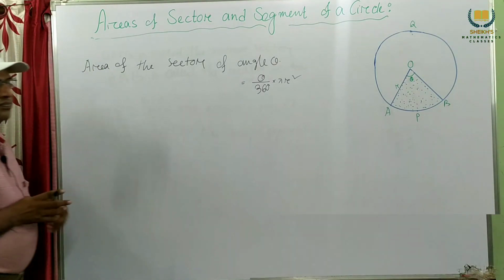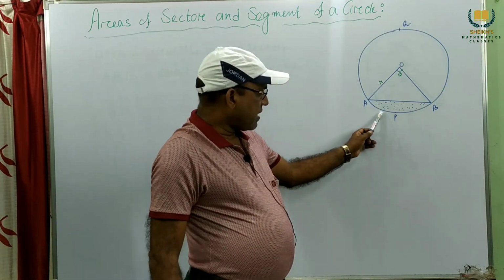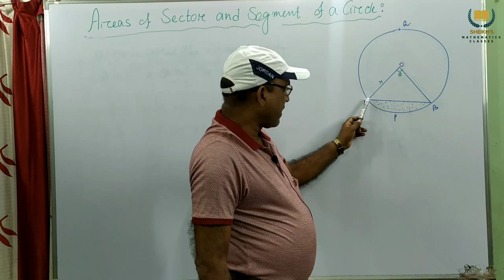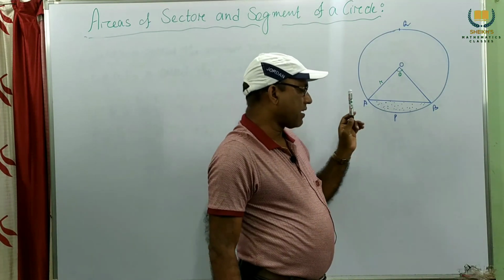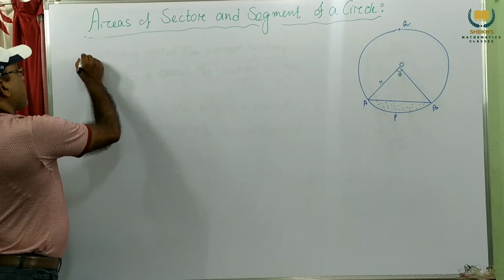Now we get sector area. Now what is the arc length? APB, what is the arc length?